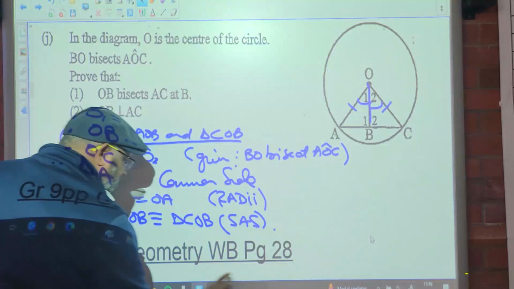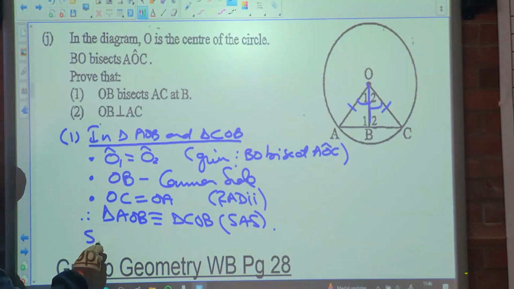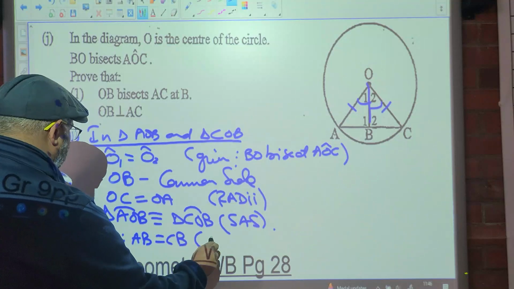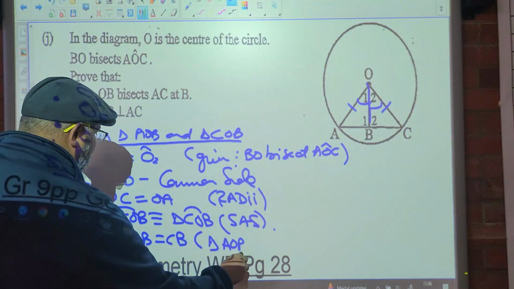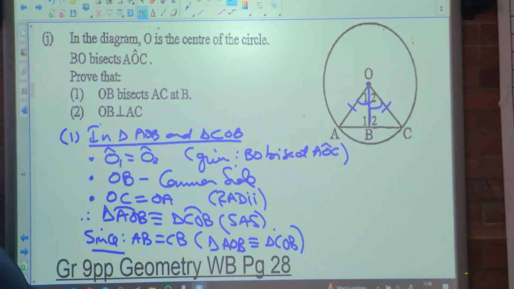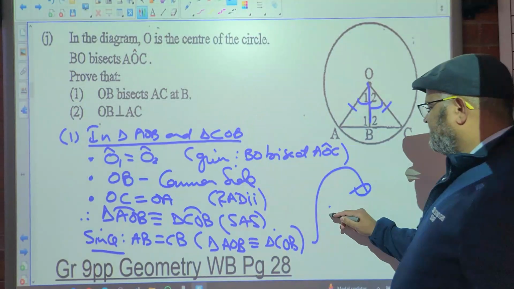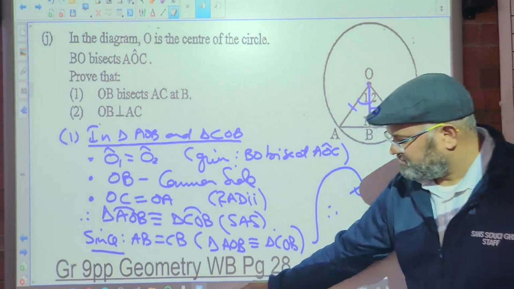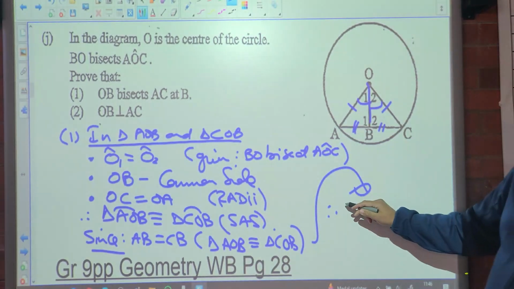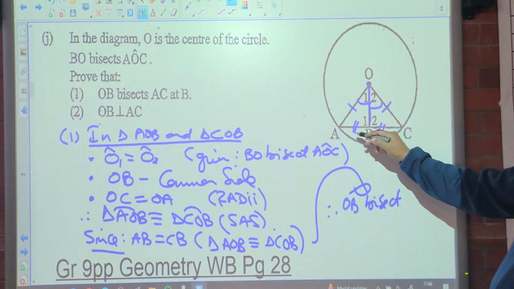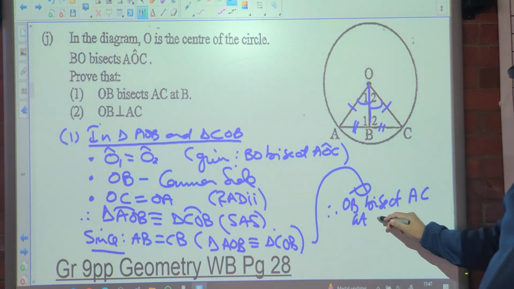So now we say since AB is equal to CB. Where am I getting that from? From the fact that triangle AOB is congruent to triangle COB. So therefore, in conclusion, you can say therefore, OB bisects, which means to say cutting off, OB bisects AC at point B.